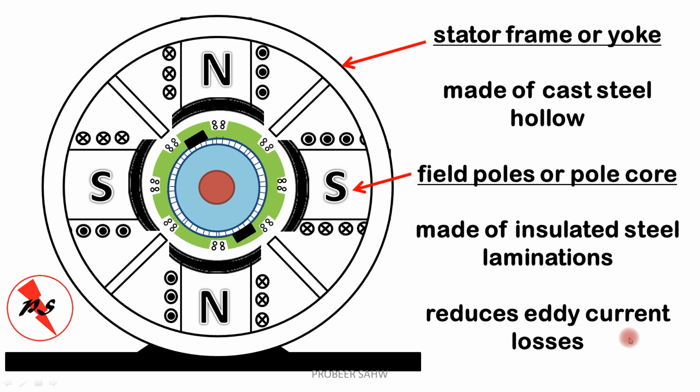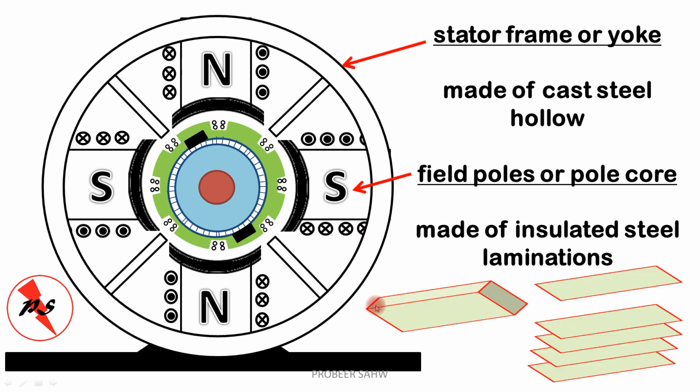We know eddy currents are produced in conductors. These are circulating currents. They are produced in conductors due to a magnetic field, and they oppose the main magnetic field. So what we do is minimize the cross-sectional area of the field poles.